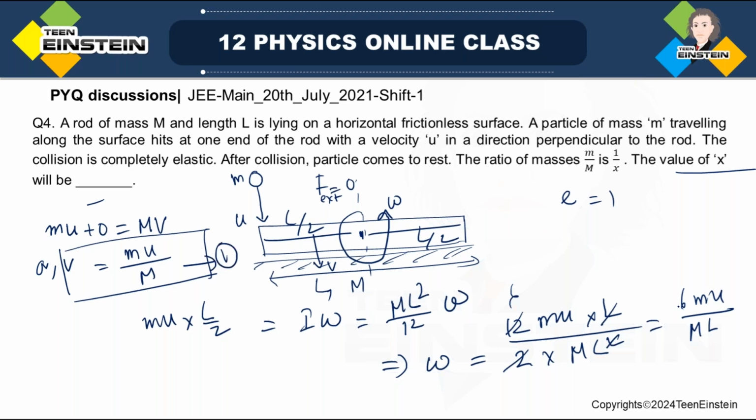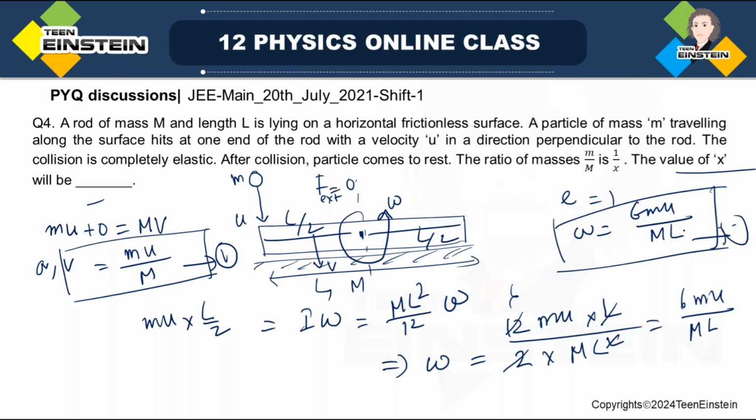This is equation number 1. This omega is equal to 6 m u by M L. Okay, this is say equation number 2.